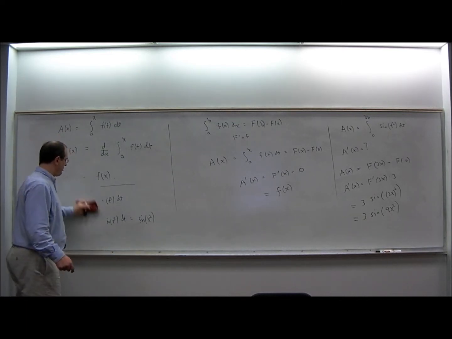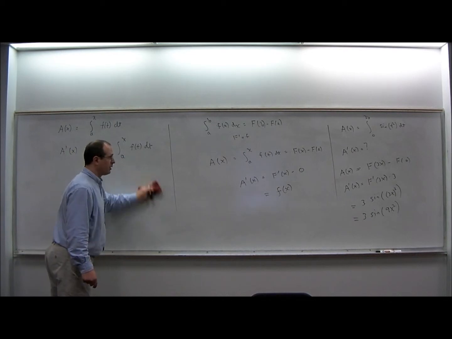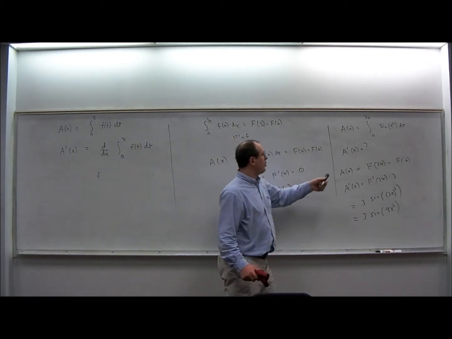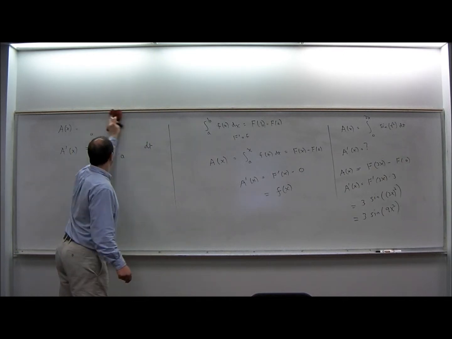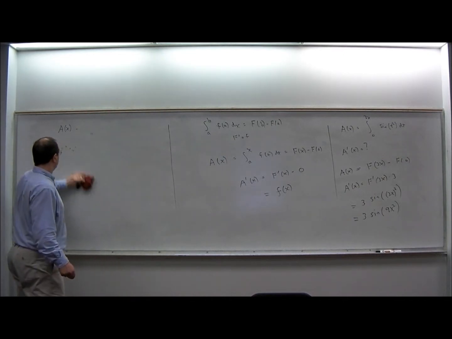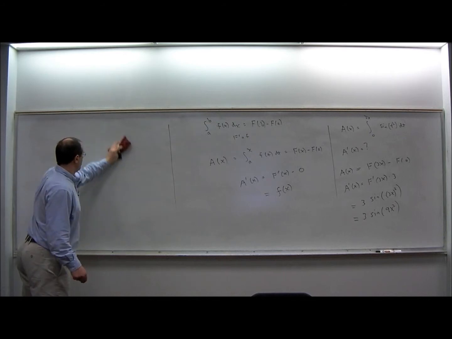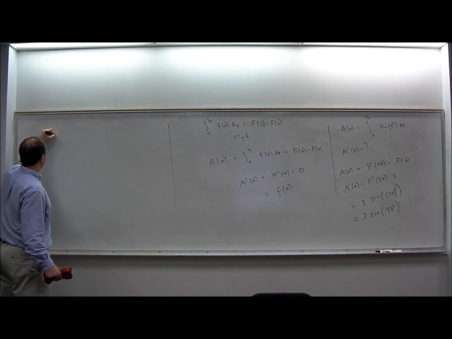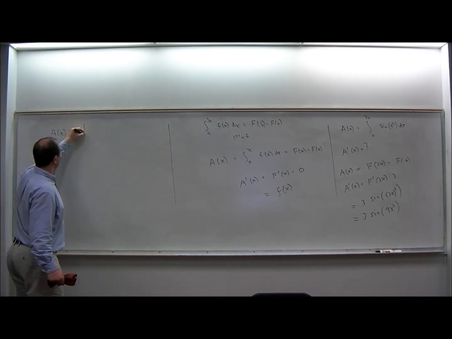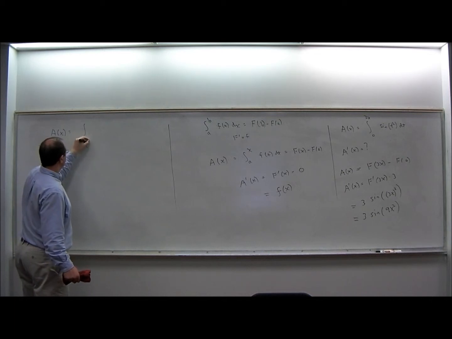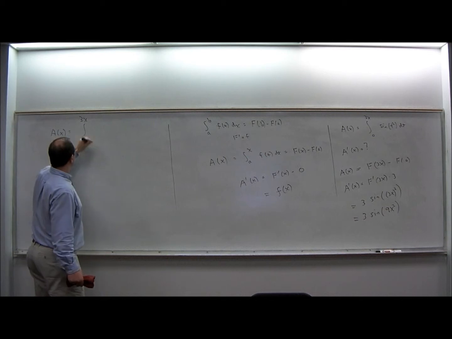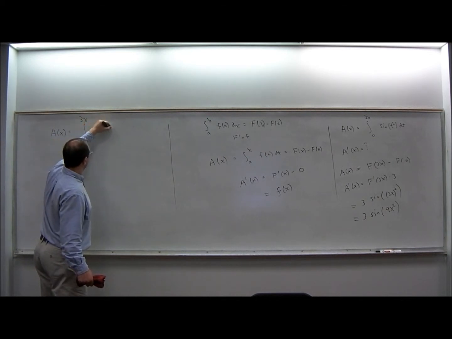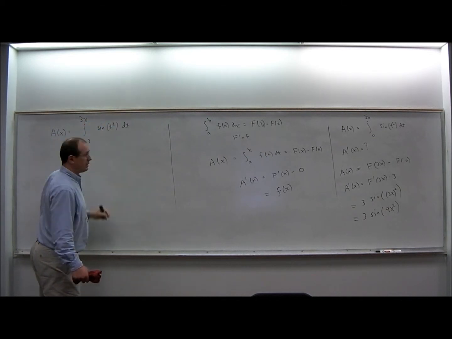So one last example of this. Let's take an example where the bottom number is not a constant. Let's say we have the area function equal to the integral from negative x cubed to 3x of the same sine of t squared dt.